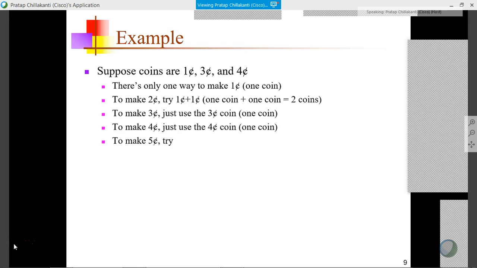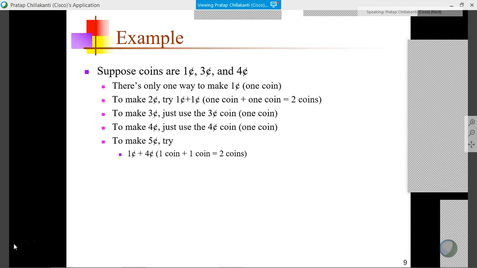To make 5 cents, remember, you start with the 1 cent and for the remaining you take the best coin. You see that? Starting from 1 up to the desired solution, you keep seeing what is the best for the remaining part. See, a slight change of thinking.